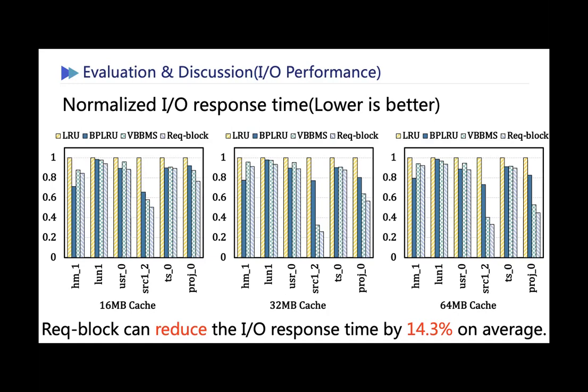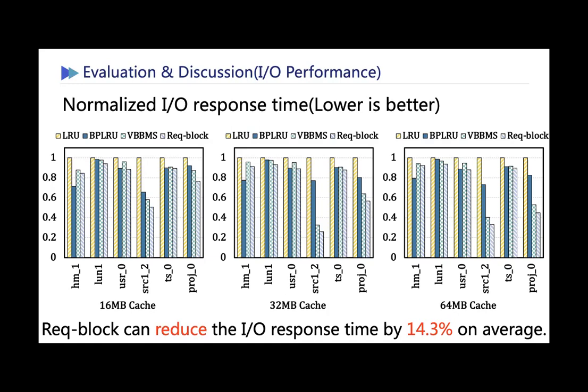BPLRU generally performs worse than VBBMS and IEQ block, though it also manages the cached data with the block granularity. The reason is that BPLRU flushes the whole block consisting of many data pages onto a single SSD block, which fails to utilize access parallelism across multi-channels inside SSDs, and then affects I/O performance.